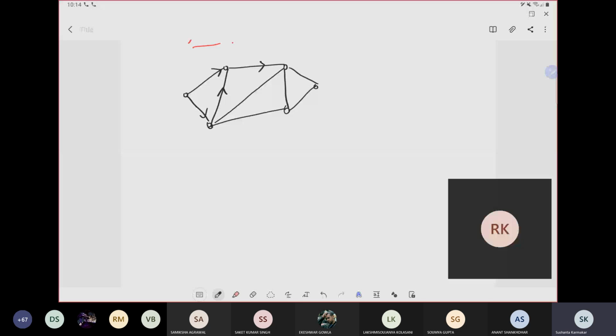Some direction will be there. And in that network, there are two special nodes. One is S and one is T. This S is called the source and this T is known as the sink.